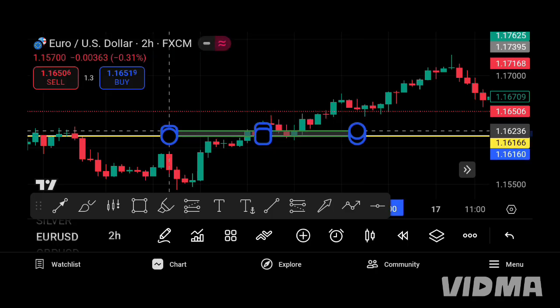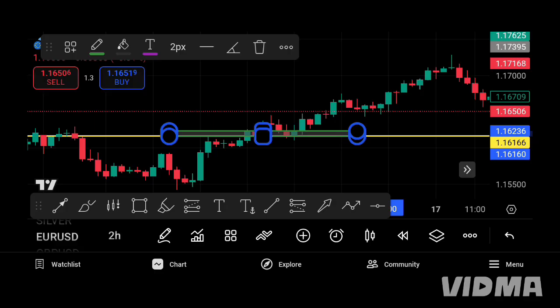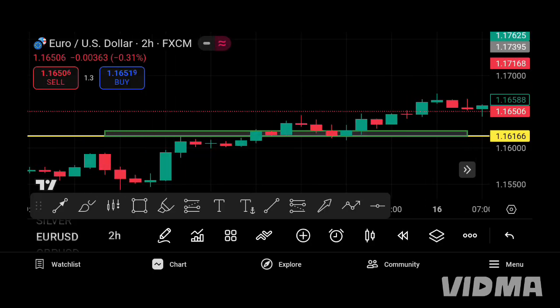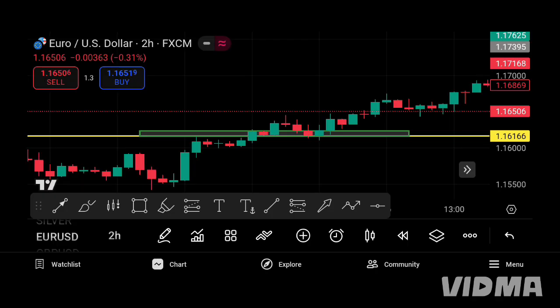This is kind of small, so let us mark all of it. Sometimes I mark the wicks, the high of it and the low of it. But here, as the picture is not too big, let me mark it all.